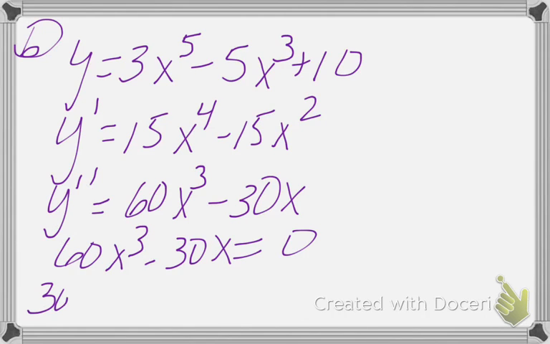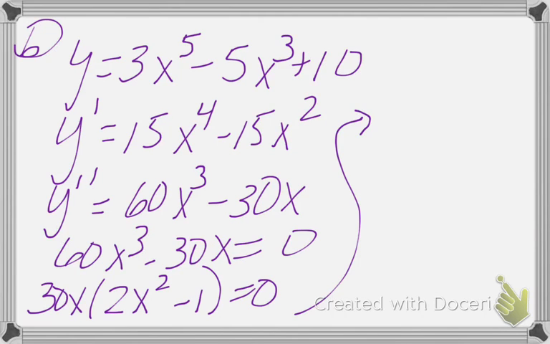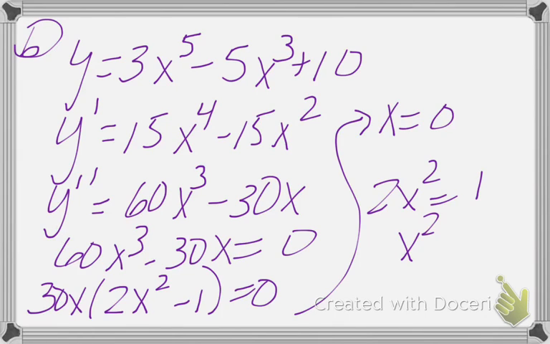Factor out a 30x. So we're going to get x equals 0, and then we're going to have 2x squared equals 1, so x squared equals 1/2, so x equals plus or minus the square root of 1/2.